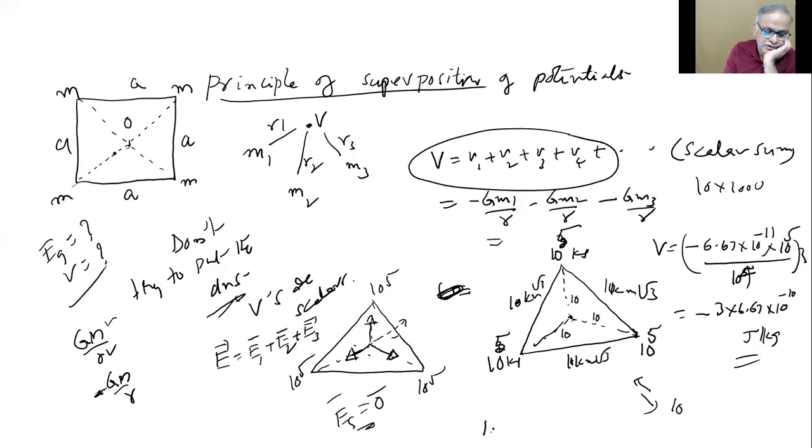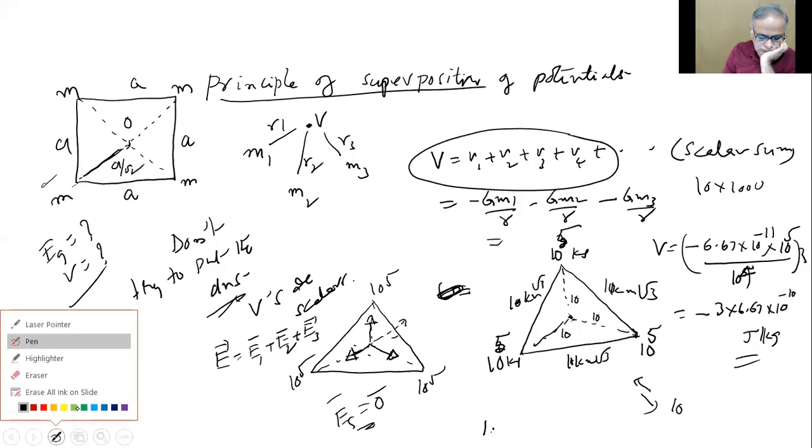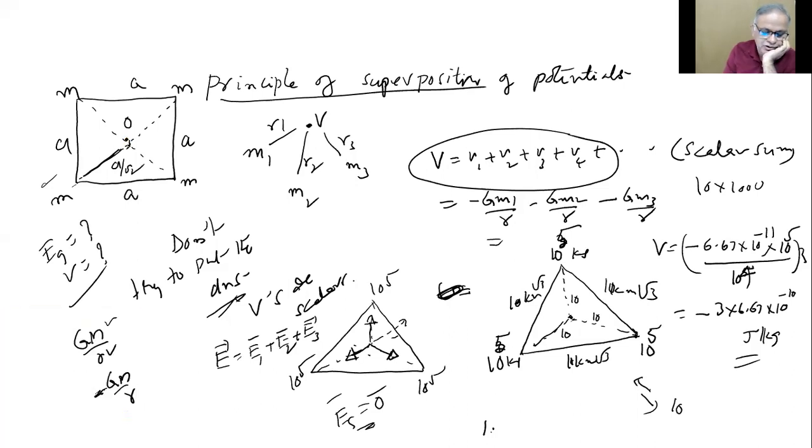So I require this distance, that is A by root 2. At this point, gravitational field strength because of this M will be in what direction? It will be towards it every time, and for this mass it is towards it, for this mass it is towards that, for this mass it is towards that.